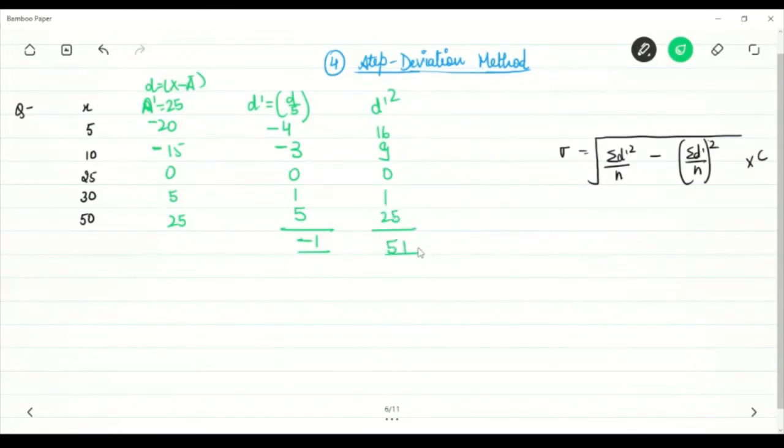51. Now let us put the values in the given formula. Under root, sigma d dash square, we have obtained 51 by 5, minus (sigma d dash, which is minus 1, by 5) square, into c, which is 5. Now let us see what the value will be.